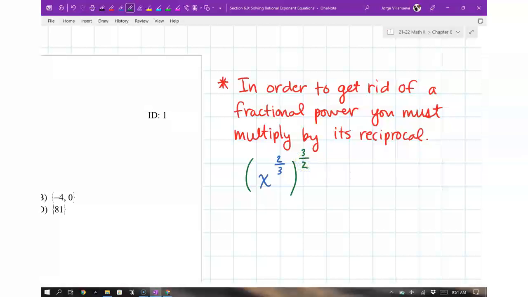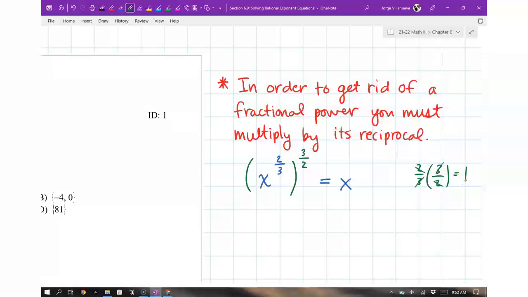And if I do that, all I get as an answer is x. Because 2/3 times 3/2, if we do the work on the side, this cancels here and this cancels there, so your answer is just a 1. It goes away.